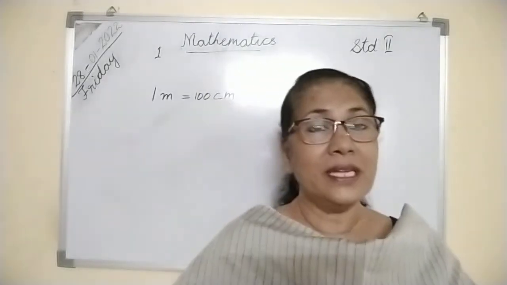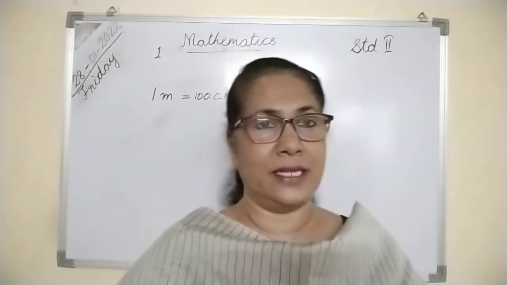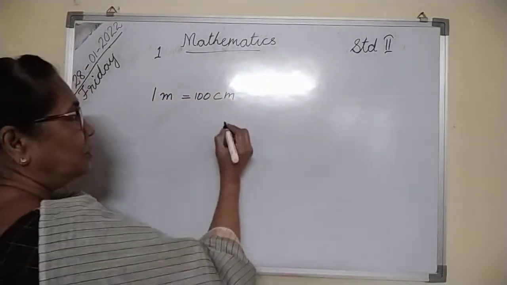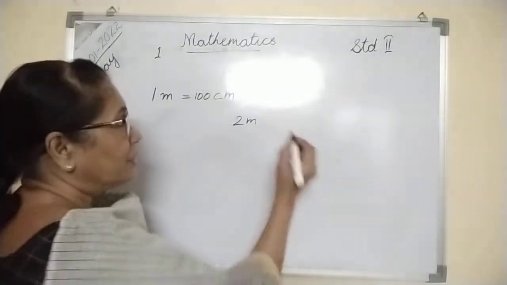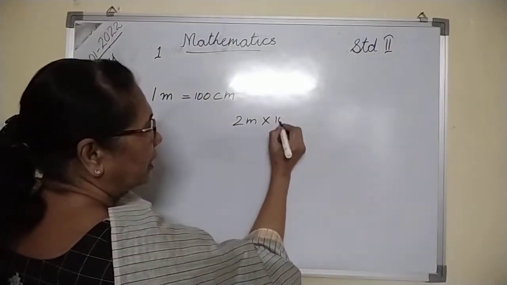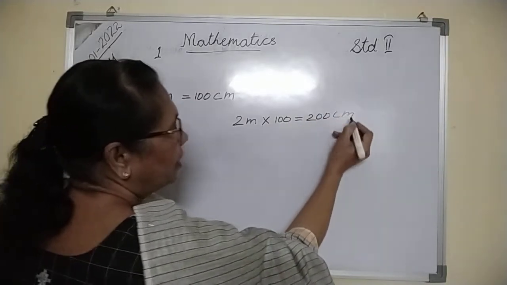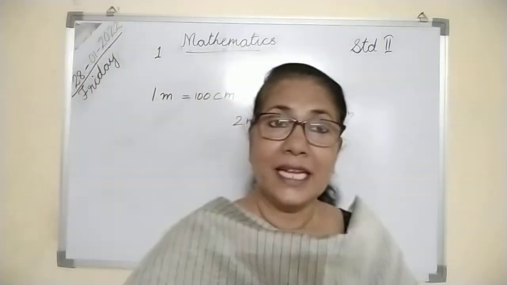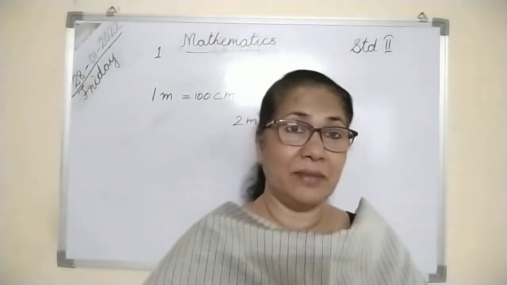So 2 meters is equal to 2 into 100, which is 200 centimeters. You just have to multiply by 100. So if it is 3, 300 centimeters. If it is 8, 800 centimeters.